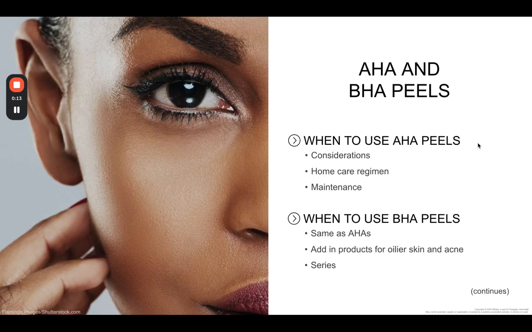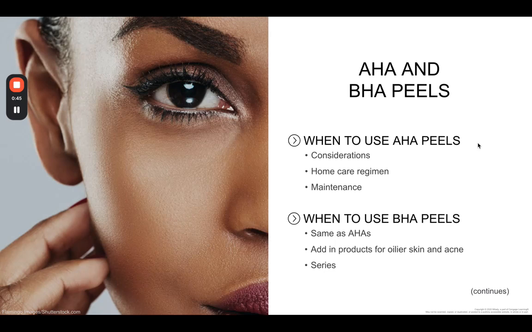So when it comes to using alpha hydroxy acids, you want to determine which peel treatment is going to be appropriate for your client. So you want to consider the skin type, the sebaceous gland activity, skin condition, their philosophy on sun exposure, their cosmetic and other product use, and whether they're using any type of vitamin A products.